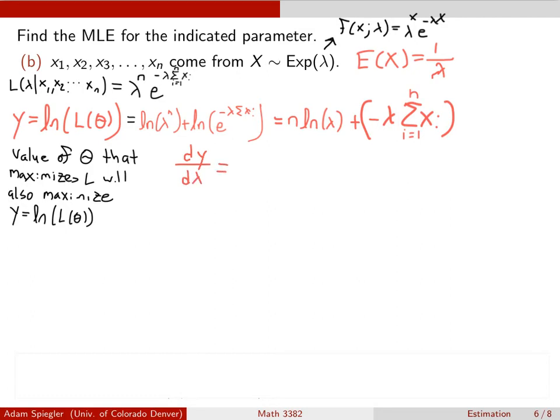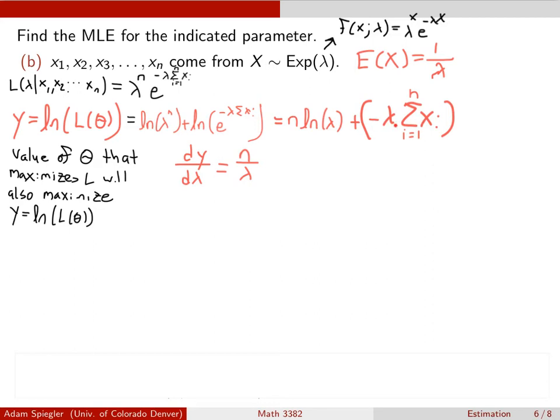Taking the derivative of the first term, the derivative of natural log of lambda is 1 over lambda. So I get n times 1 over lambda. And for the second piece, if I were to take the derivative of this with respect to lambda, this stuff is all constant, right? Because we would have a set sample. So we would just add up all of the observed samples. That's some constant.